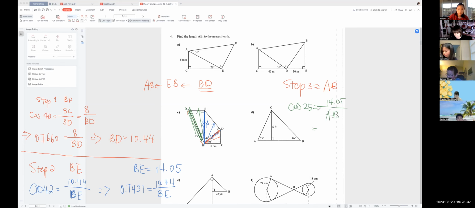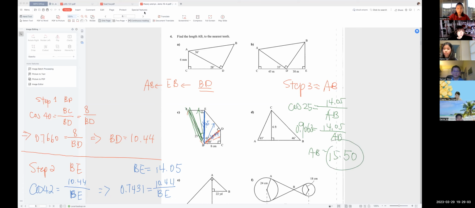Cosine 25 equals 0.9063. So 14.05 over AB equals that. So AB equals 14.05 divided by 0.9063. So the answer is 15.50. So that is the answer.